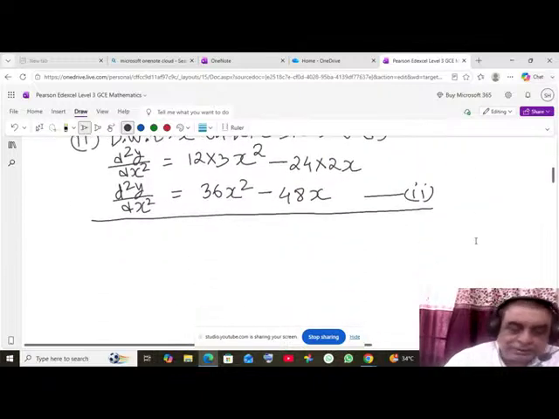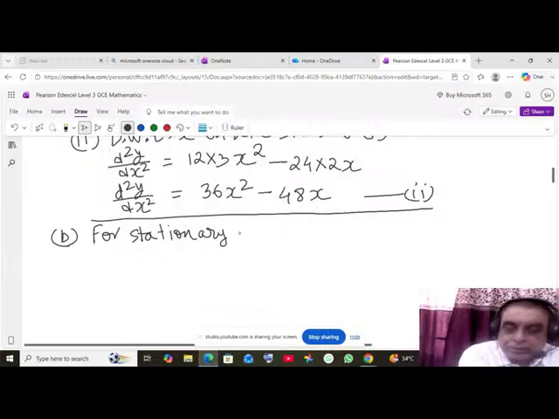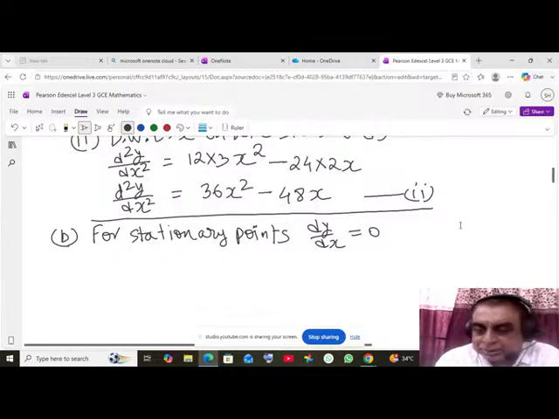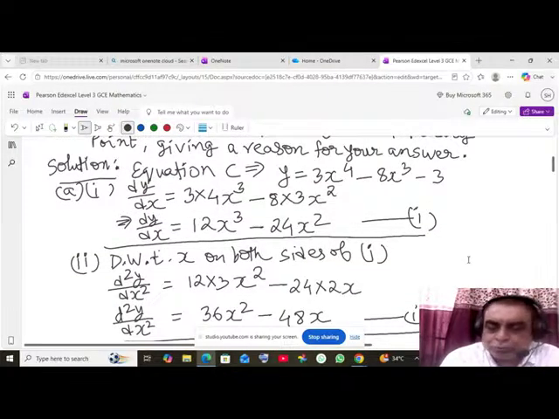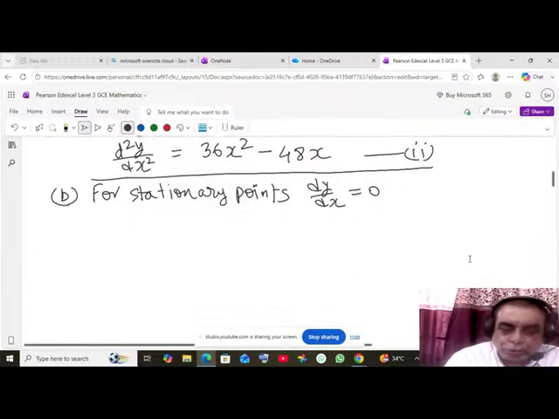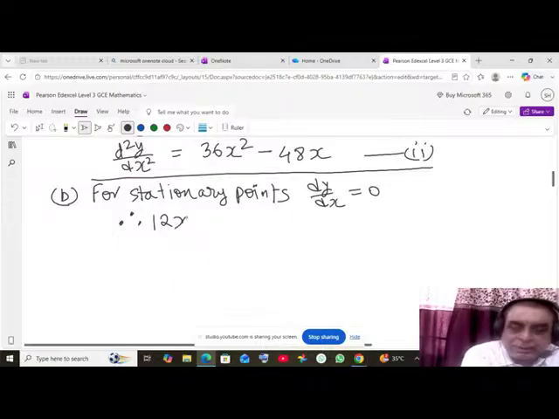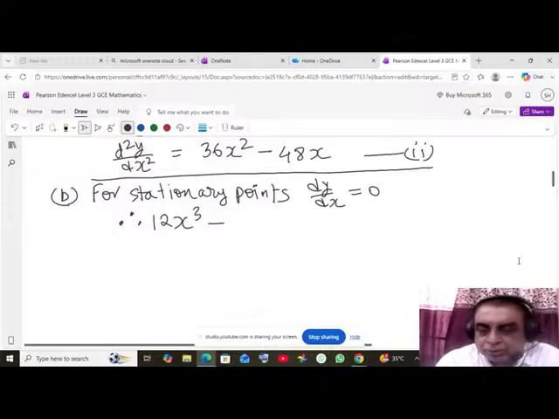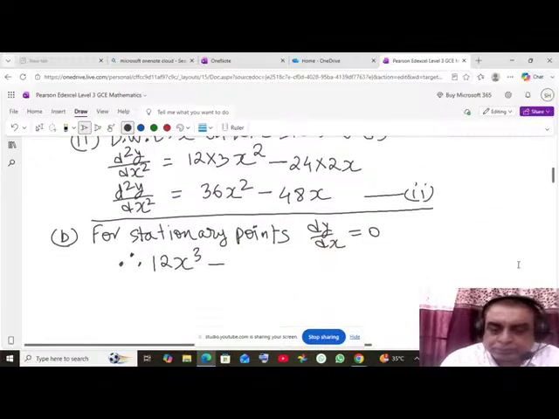So for stationary points, the condition is that dy by dx becomes 0. So equate the dy by dx value to 0. Therefore, dy by dx is 12x cube minus 24x squared.